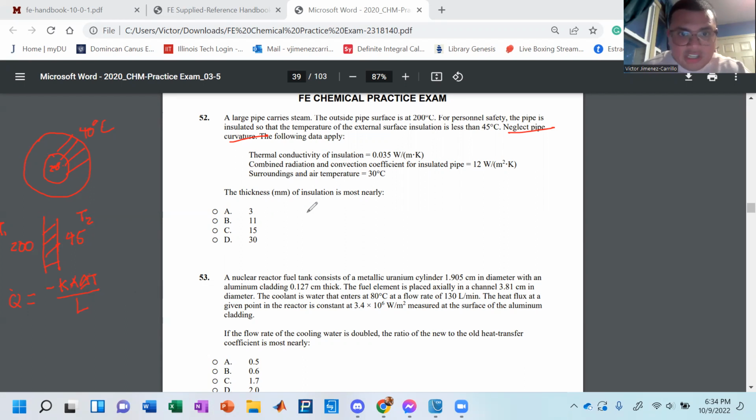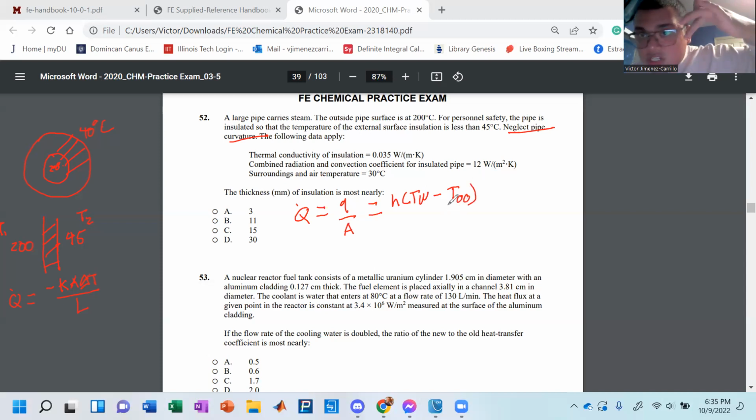But more importantly, what is Q dot described as? Q dot is literally heat flux, and heat flux is defined by Q divided by A. And that is literally the heat transfer rate divided by the area. And the heat transfer rate can be described as H multiplied by the difference in temperature between the wall and infinity, in other words, the surroundings.